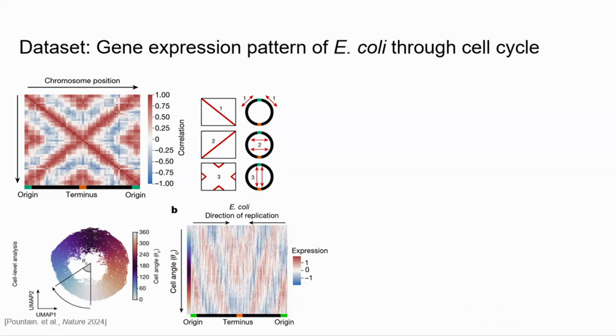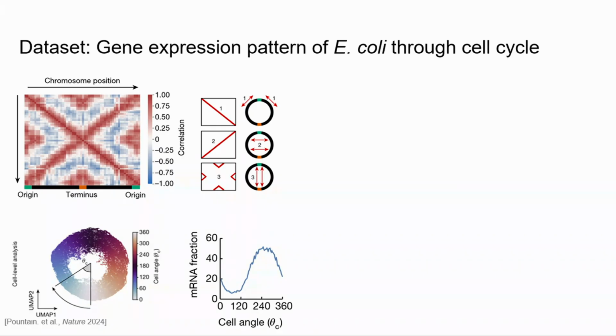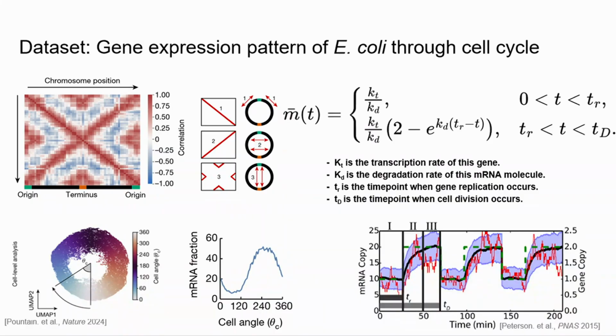When we look at the gene expression sorted by cell angle and the position of the genes, we see a replication fork shape inside our heat map that shows the direction of replication. In the end, the data set that we have is the time series of all the individual genes in E. coli through the cell cycle.